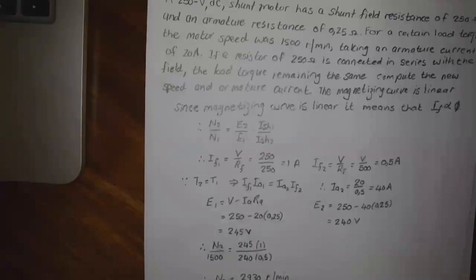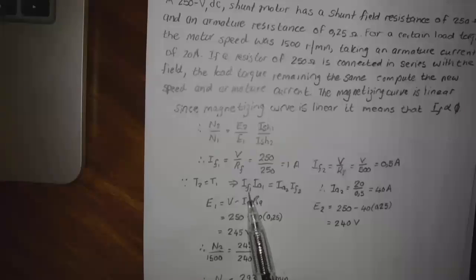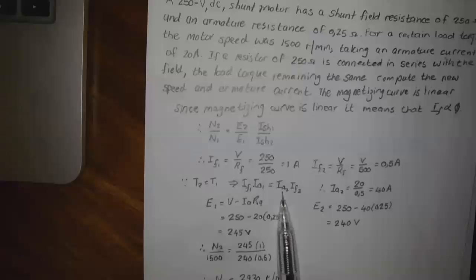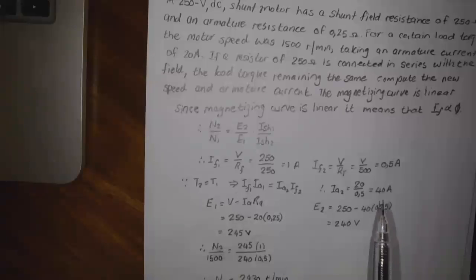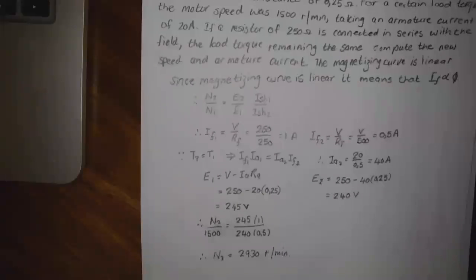The armature resistance is 0.25. So we apply this formula, IA2 is equal to IA1 times IF1 divided by IF2. And that gives us 40 amps. And then E1 is V minus IaRa.